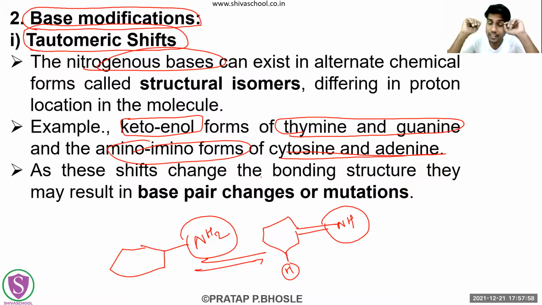But again, I prefer not to go into much of the chemistry part. I think we should not go much into chemistry, because very few students will understand any part of chemistry in zoology.